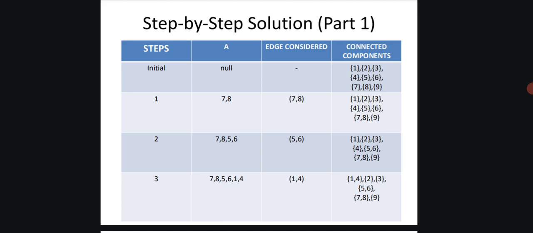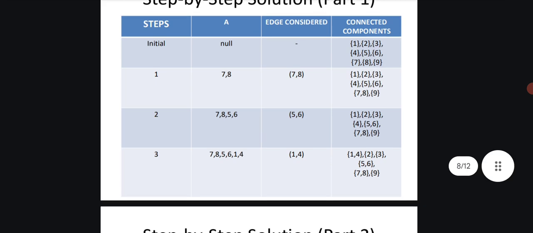In the first step, we consider the edge 7-8, which has the minimum weight, and we find that 7 and 8 don't have the same find value, so we can combine them. In the second step, we are considering the edge 5-6, which has a greater weight than the edge 7-8.